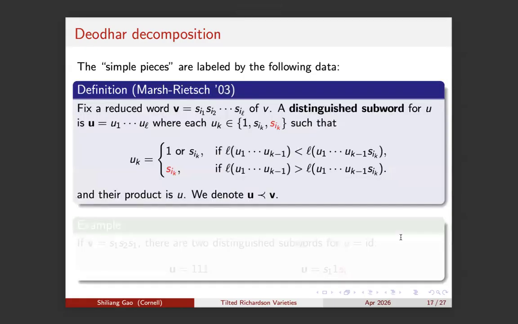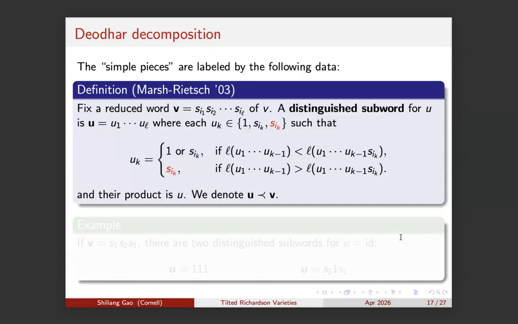Okay, and these pieces are labeled by something called a distinguished subword. So if we fix a reduced word of v, whatever reduced word that is, a distinguished subword is one where we sequentially decide if we want to include each of the s_i.